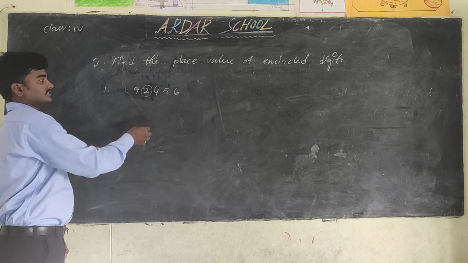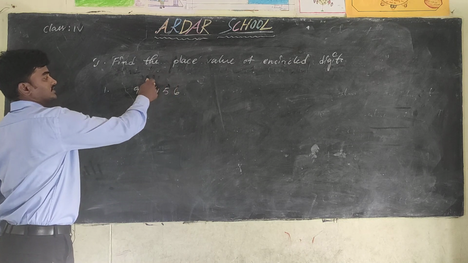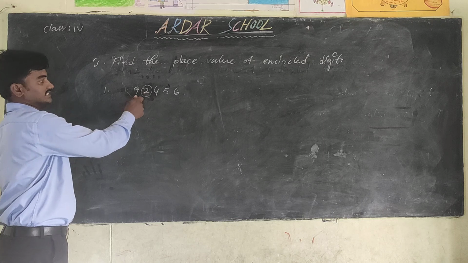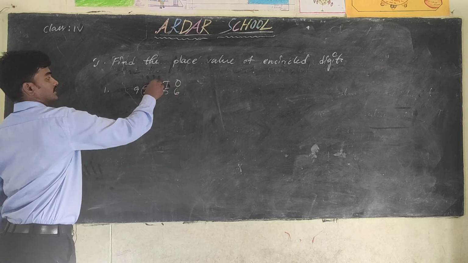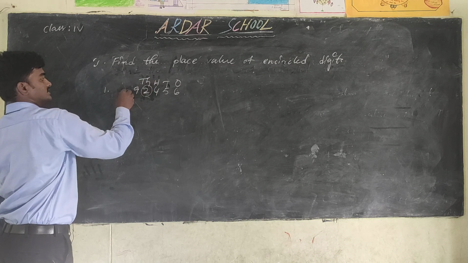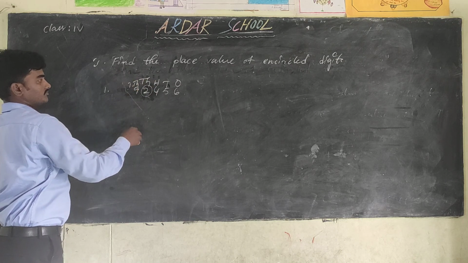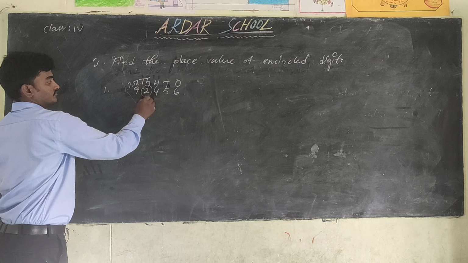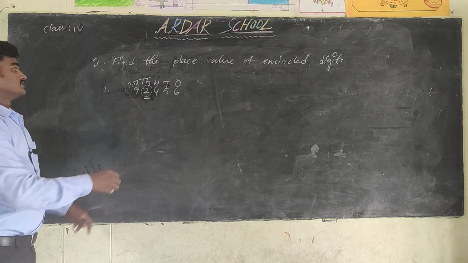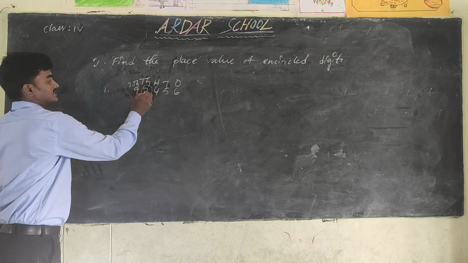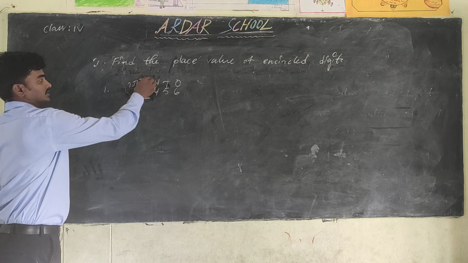So for that we need to see the places of the given digits. Ones, tens, hundreds, thousands, 10,000s. We want to know the place value of 2, so let us see where the digit is. 2 is at thousands place.